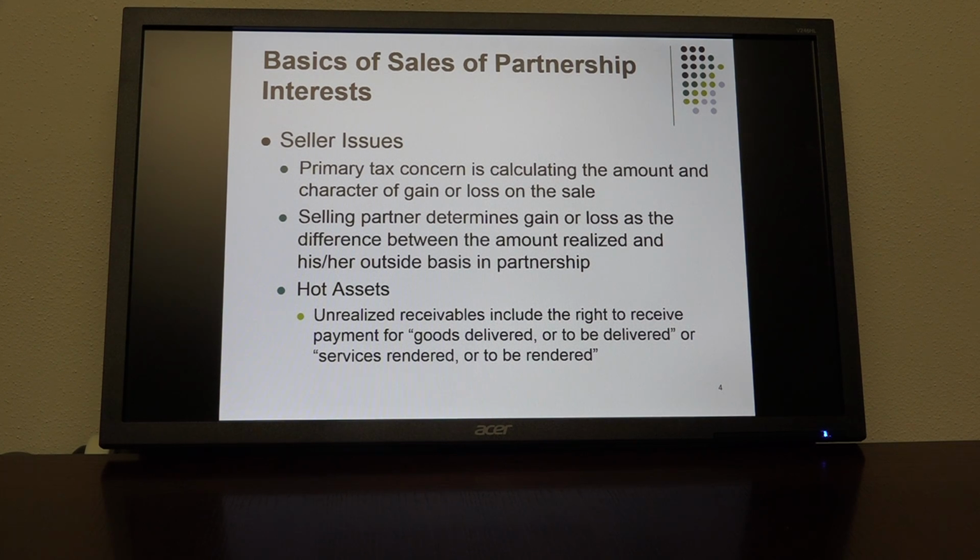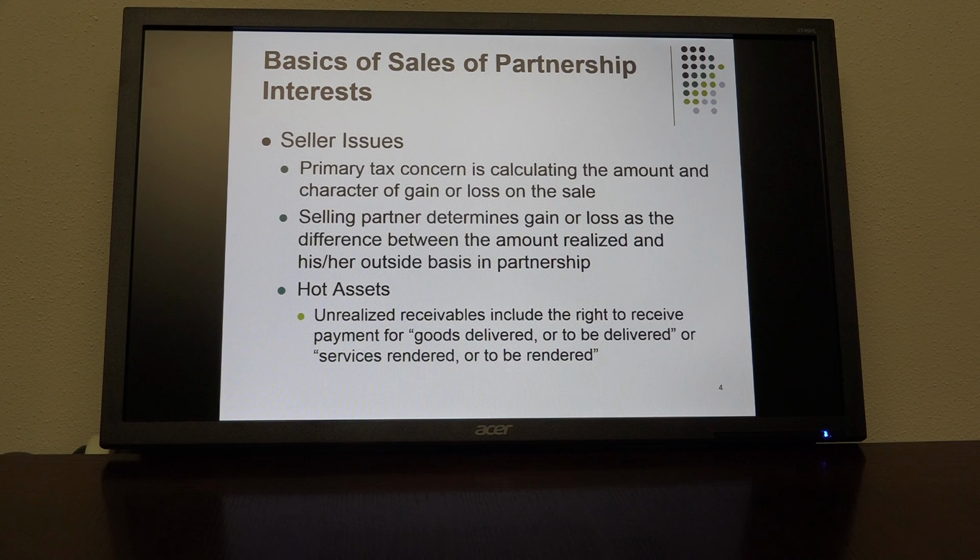Now, when you have a partnership with what they call hot assets, the rule changes. Well, what is a hot asset? Well, it's not your girlfriend, okay? Or boyfriend. It's unrealized receivables and, let's see, depreciated property.